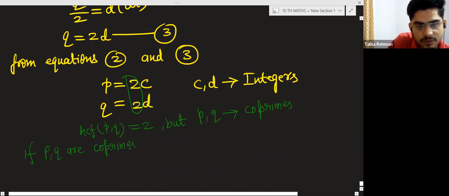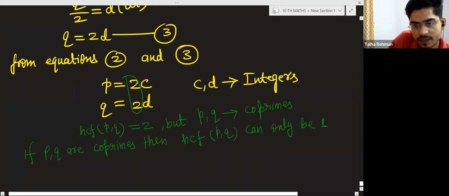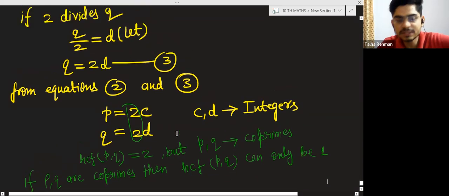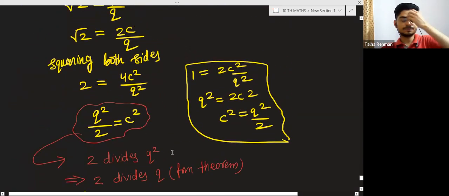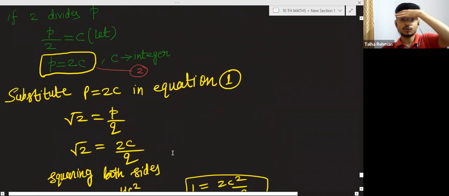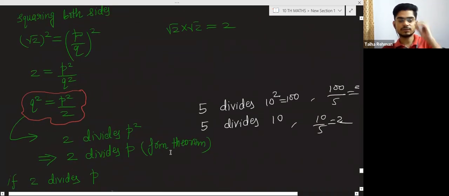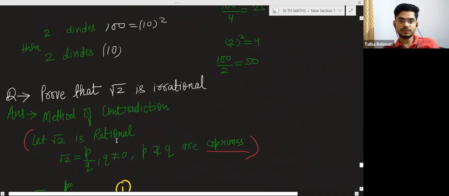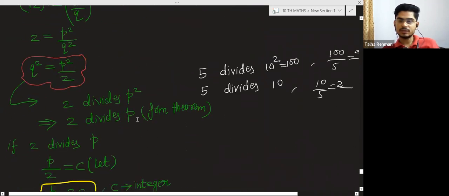It means that our assumption is wrong. It means that root 2 is not a rational number.